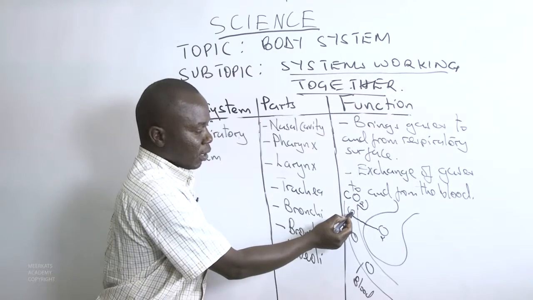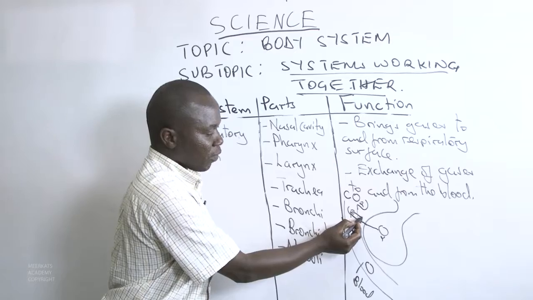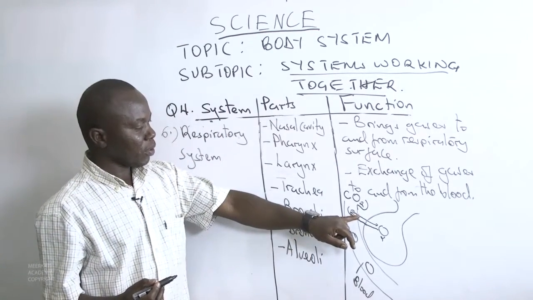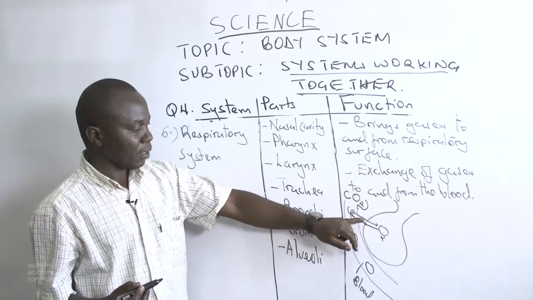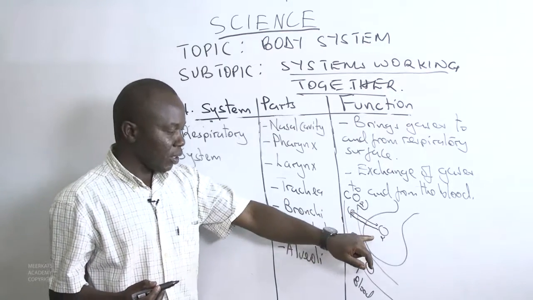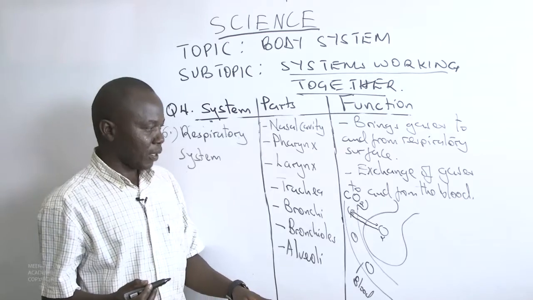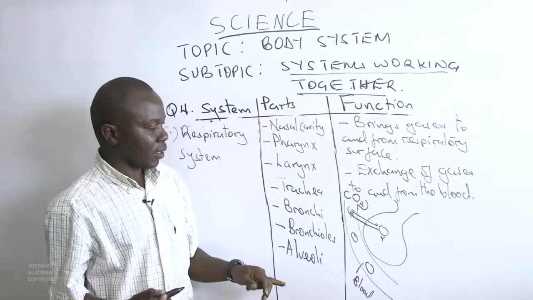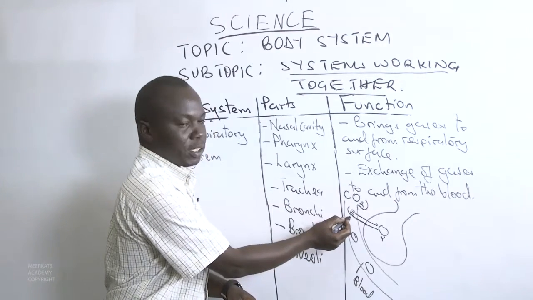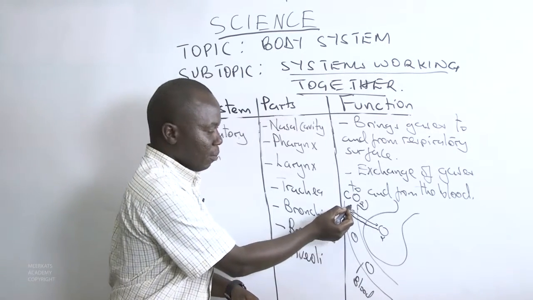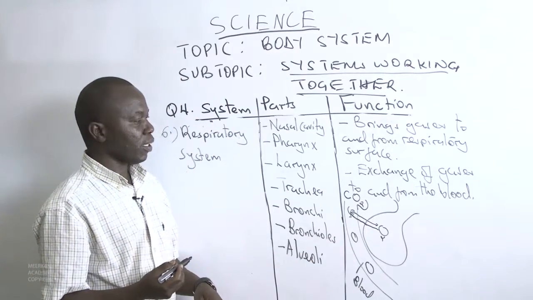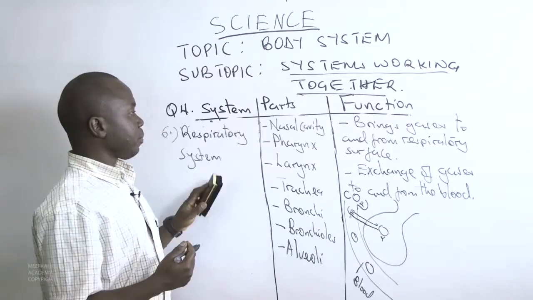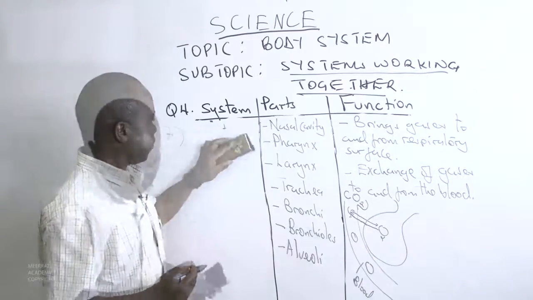So again, carbon dioxide will diffuse from these red blood cells through the walls of the capillaries and the walls of the alveoli into the alveolar space. It will have achieved exchange of gases. We are having oxygen getting into the blood, carbon dioxide getting out of the blood. So these are the major functions of the respiratory system.